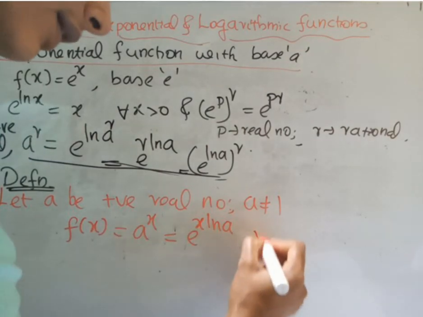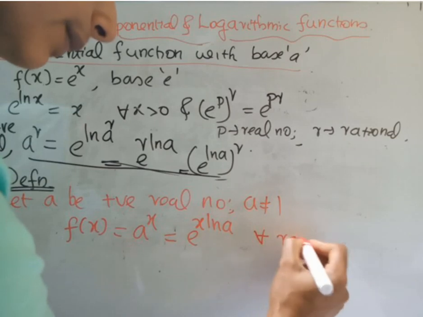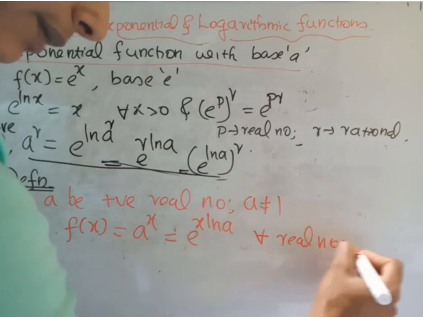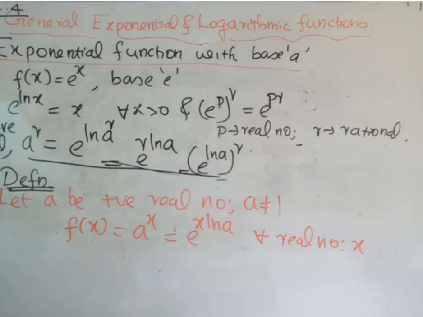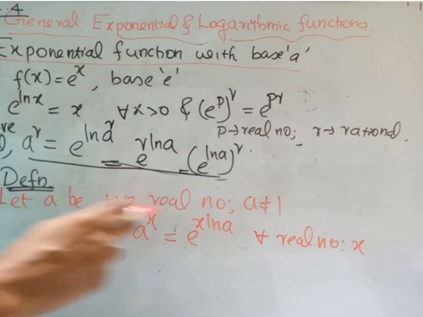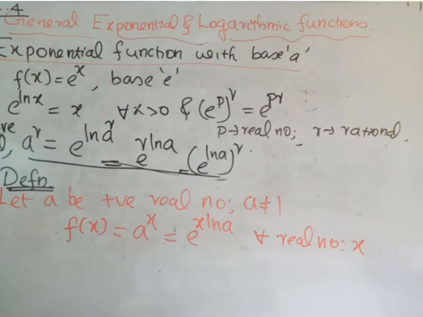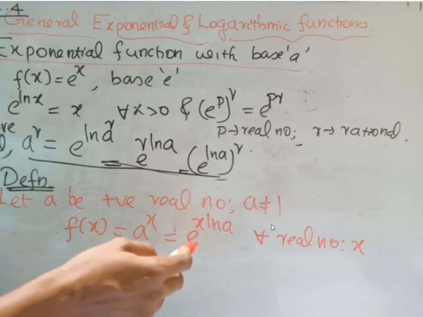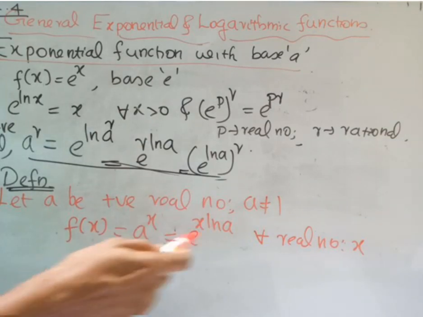The definition is that a being a positive real number and a is not equal to 1, the exponential function with base a is defined by a raised to x, and also this is equal to e raised to x natural log a.